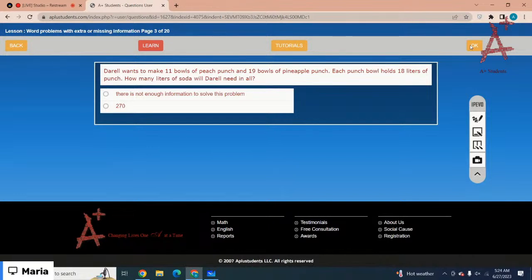Each punch bowl holds 18 liters of punch. No, the information is not enough. You don't know how much soda we needed. Got it? The information is not enough to solve the problem.